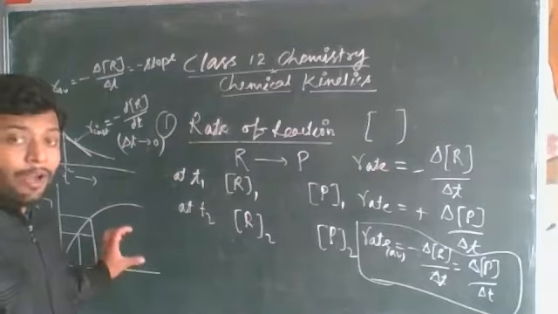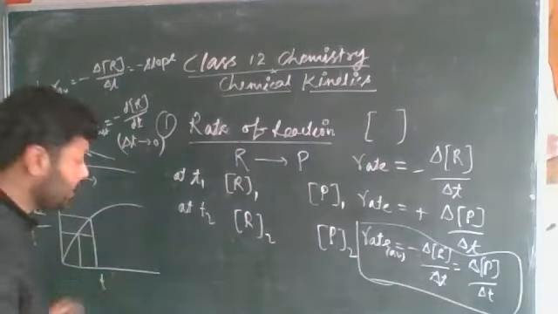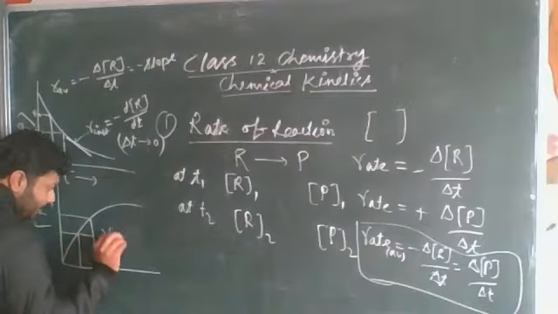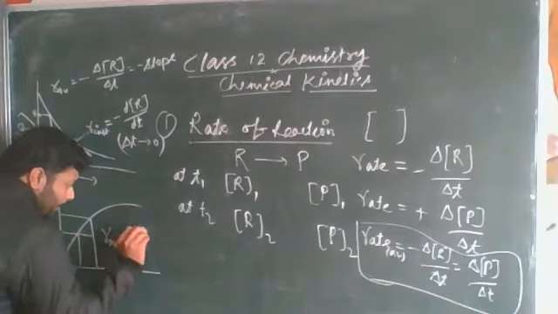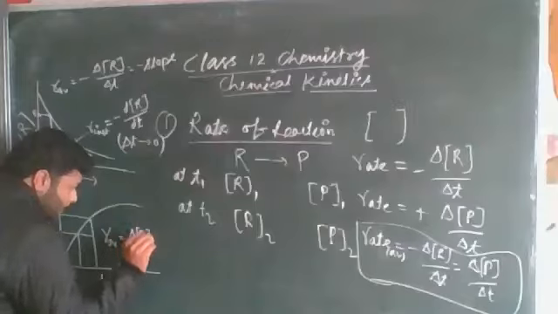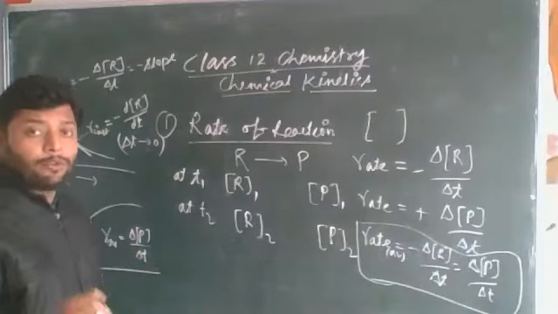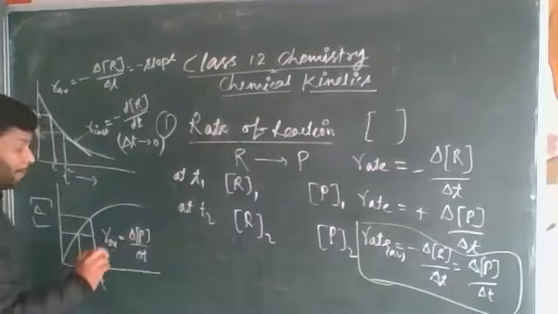Students, you can calculate the average rate of reaction in terms of product with this graph, and here R average equals delta P upon delta T. At the same time you can calculate the instantaneous rate of reaction in terms of product also.